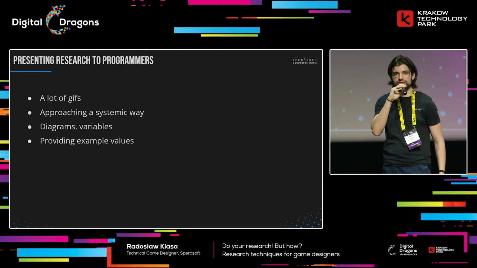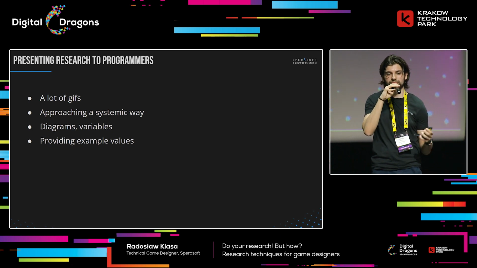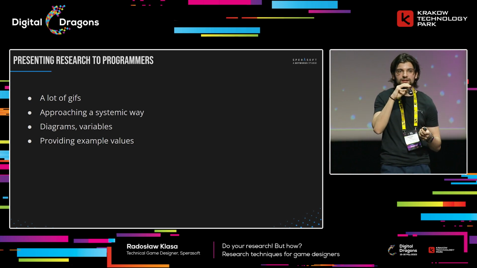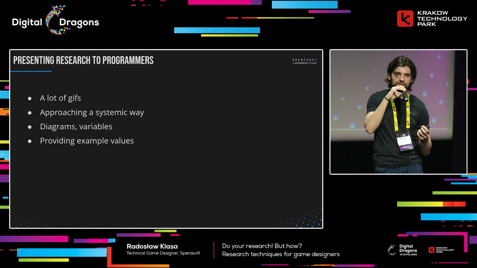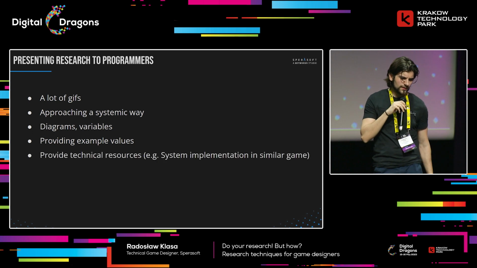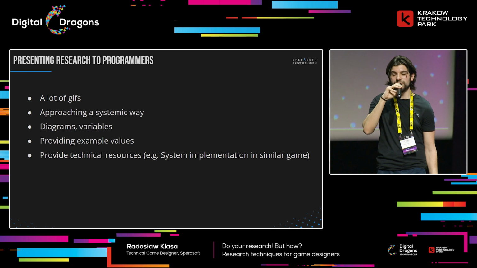And then we can provide some example values. It's also pretty useful. We want to know how many seconds the reload takes, how fast we move our character when we are making some movement mechanic system. And then try to find different approaches from different games, of course.